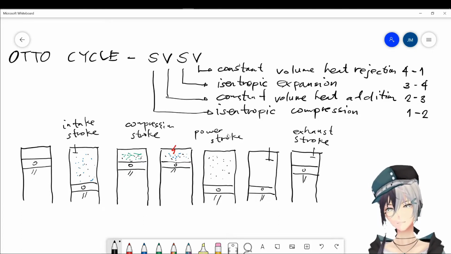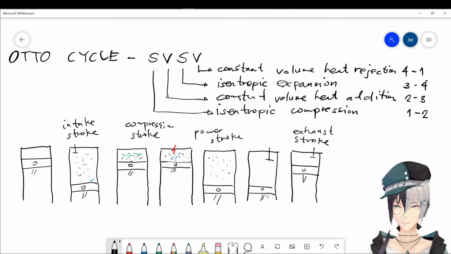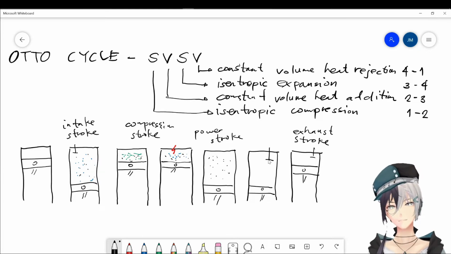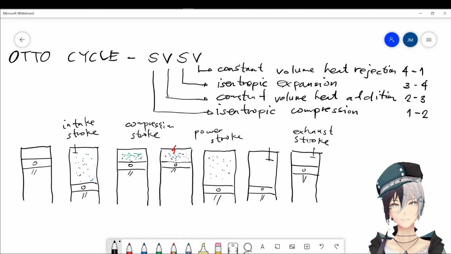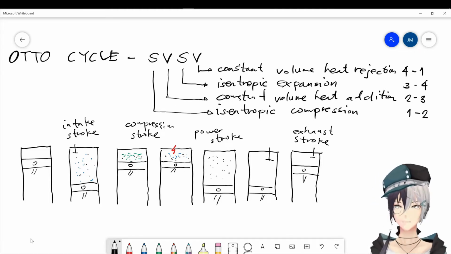That is the power stroke. Upon reaching the bottom dead center, the exhaust valve will open and the pressure is released, which is constant volume heat rejection. The piston will continuously move up, expelling all the exhaust gas, and that is your exhaust stroke.